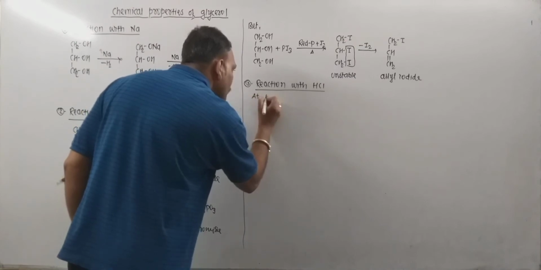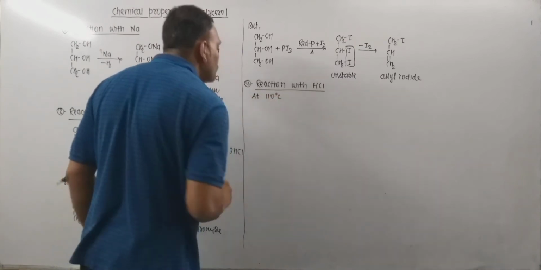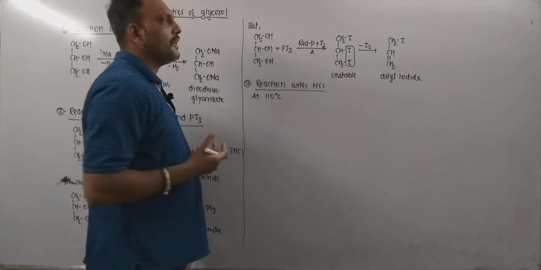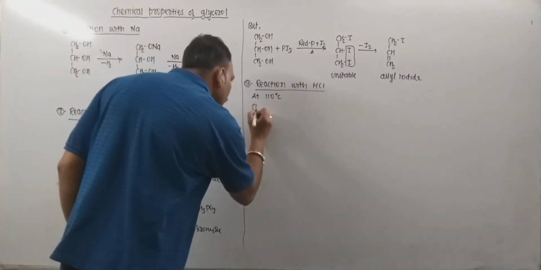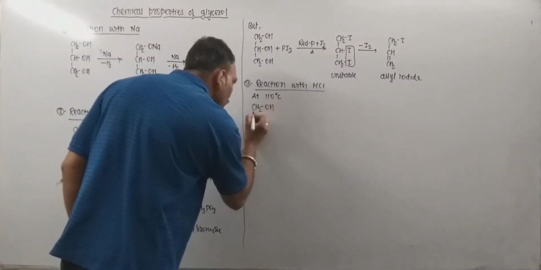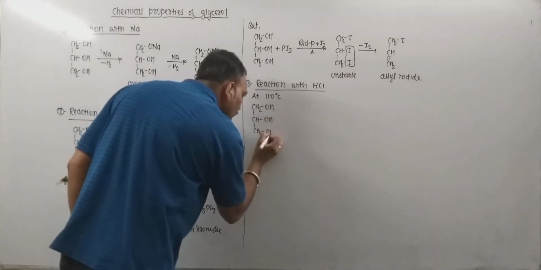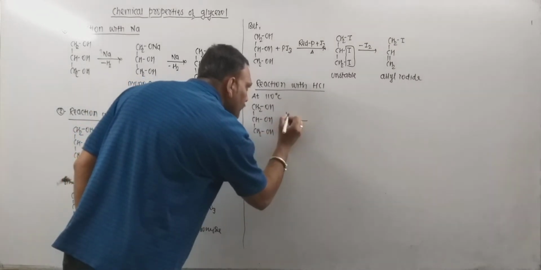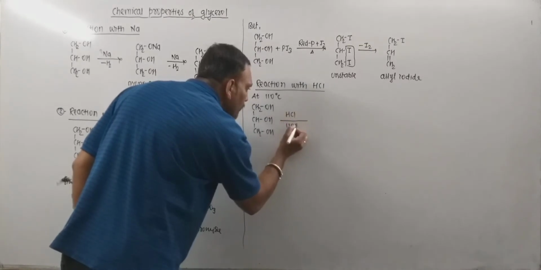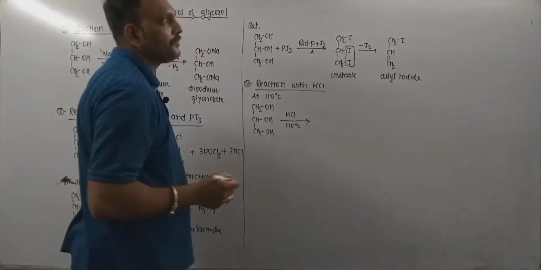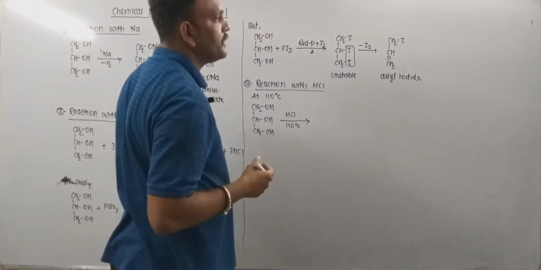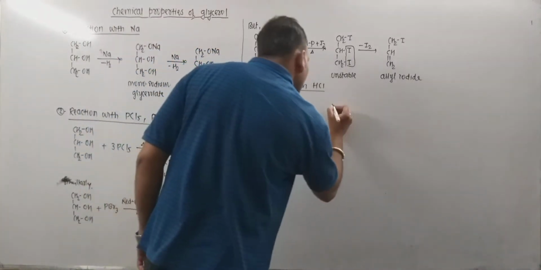Remember, at 110 degrees Celsius, HCl and glycerol react in different manner. Let's see how. So this is the glycerol. When glycerol is treated with HCl at about 110 degrees Celsius, then we get the mixture of two different products.